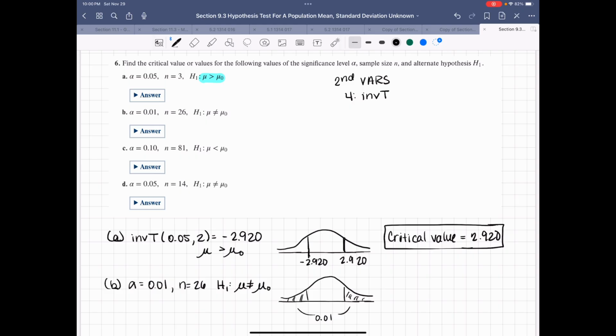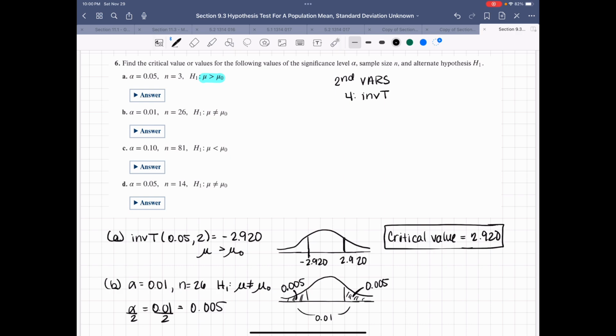So if alpha is 0.01, what's alpha over 2? Well, that's 0.01 over 2, which winds up giving me 0.005. Each one of these chunks right here is 0.005 because it's split.